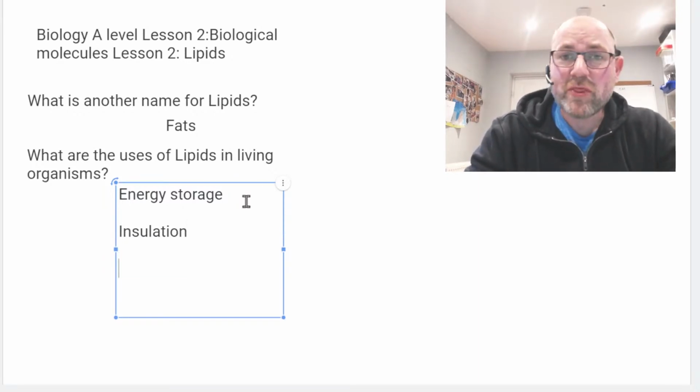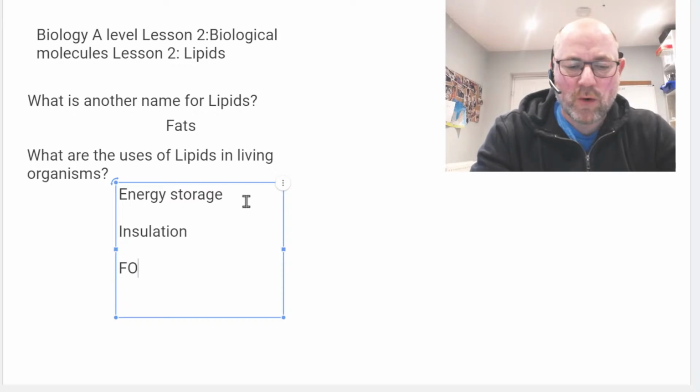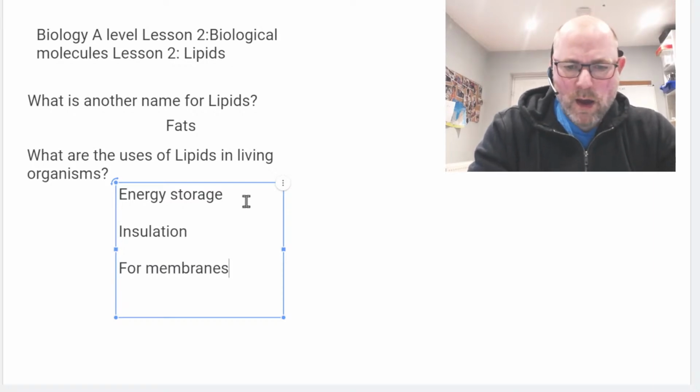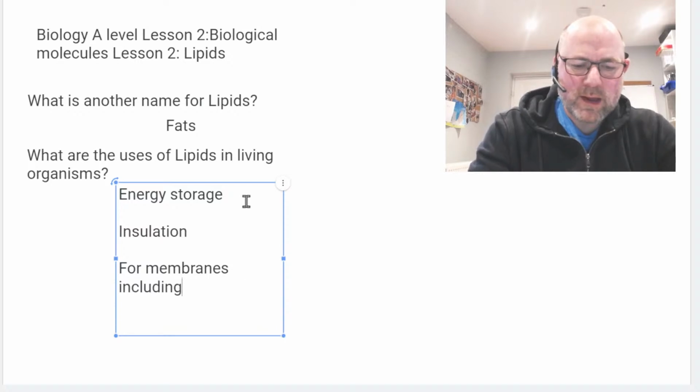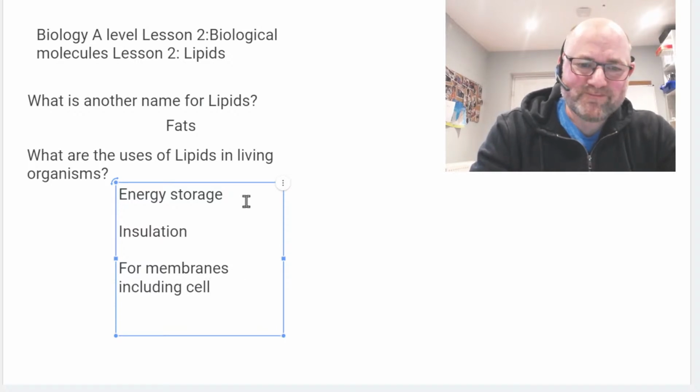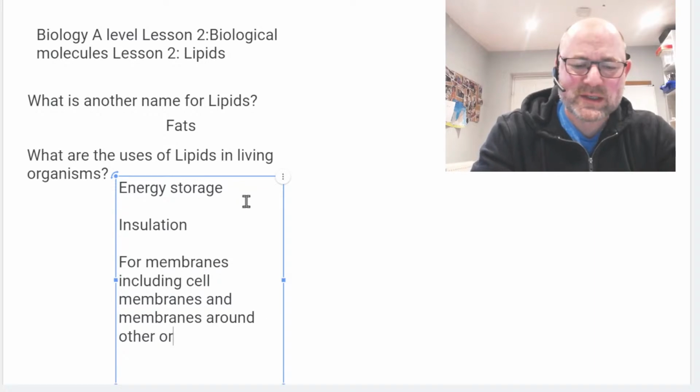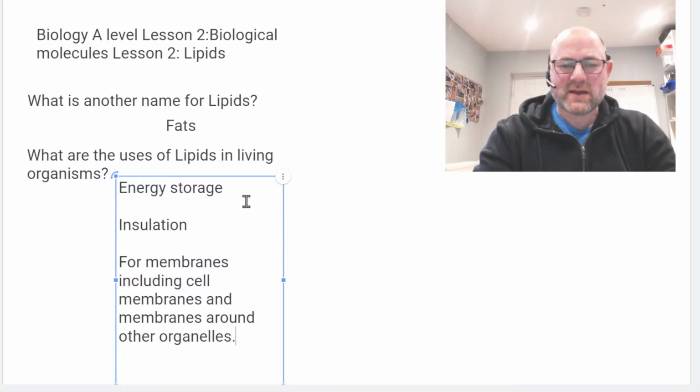And the third one is for membranes, including cell membranes and membranes around other organelles. So you might just think of membranes being around the outside of the cell.